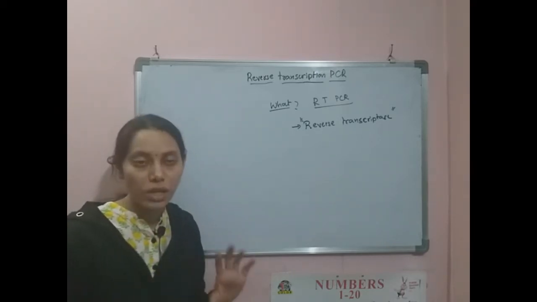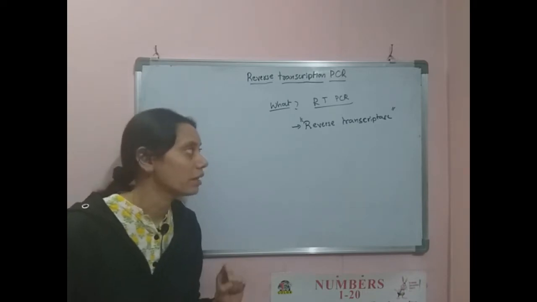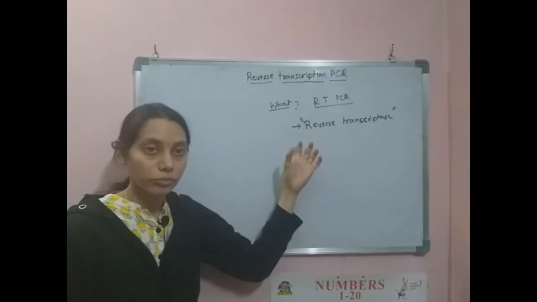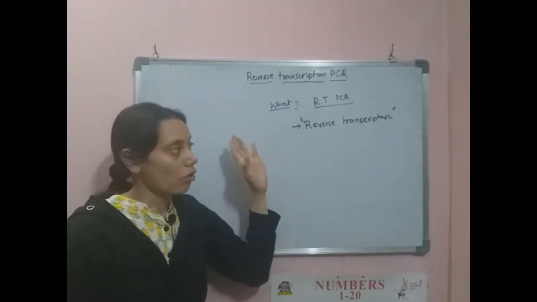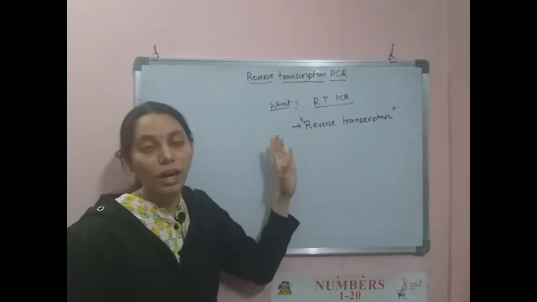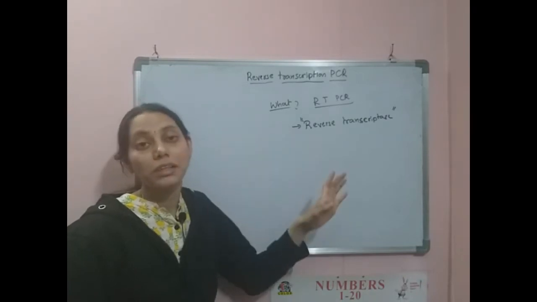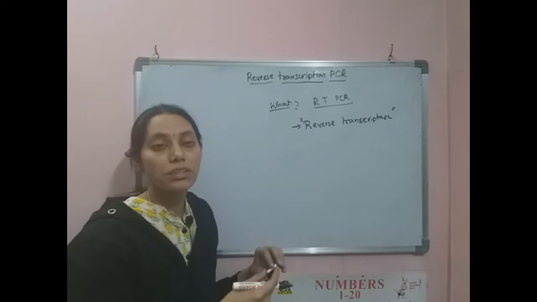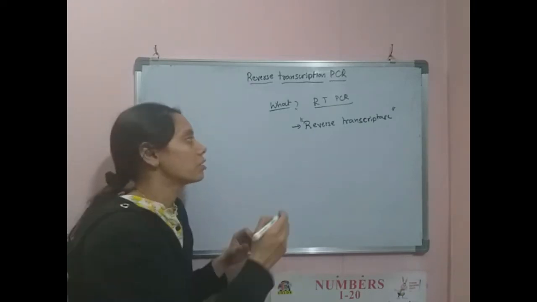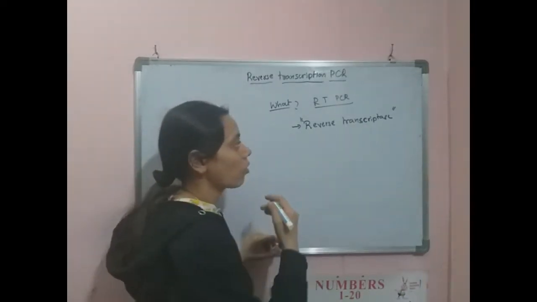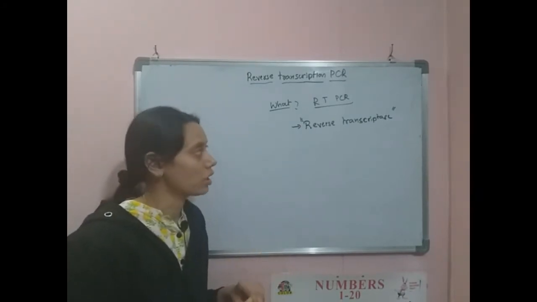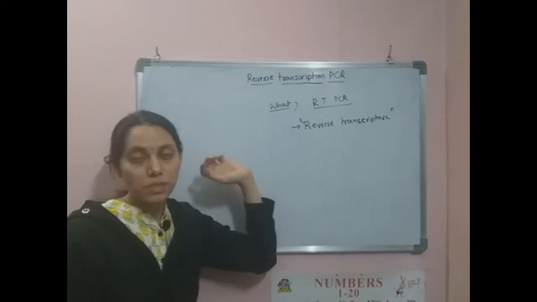The enzyme reverse transcriptase is very special, as it can copy the RNA into DNA. So, by isolating this enzyme, we can also copy RNA into DNA experimentally in the laboratory using reverse transcription PCR.